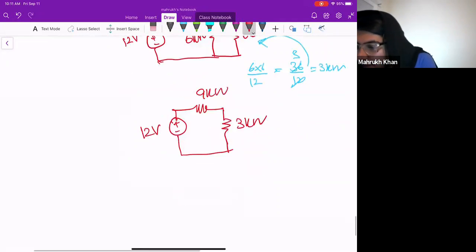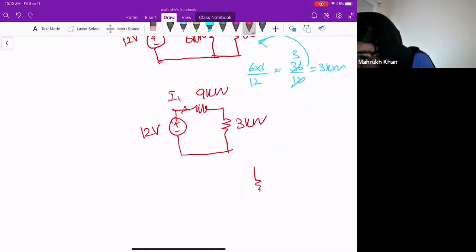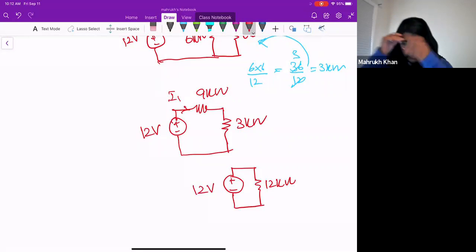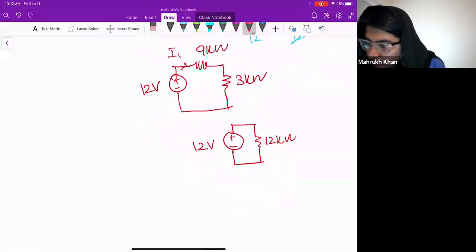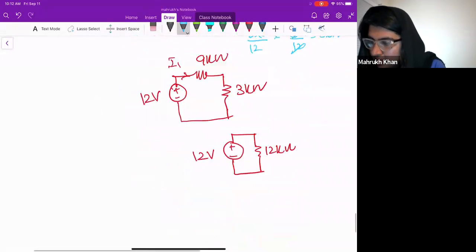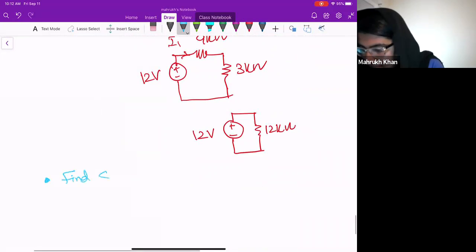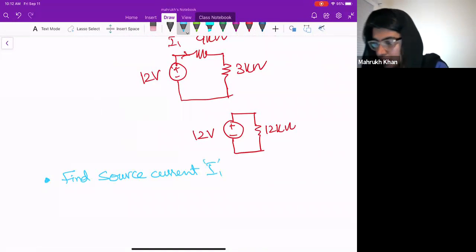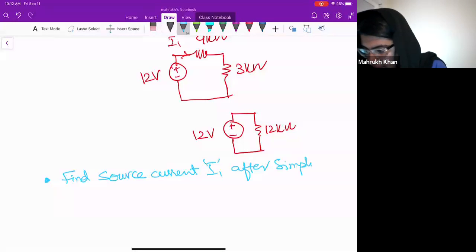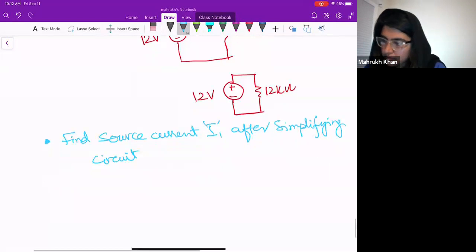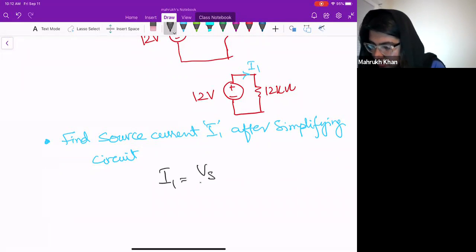So finally, you are getting I1. What we are doing here is, I1 is Vs divided by 12 kilo ohms.